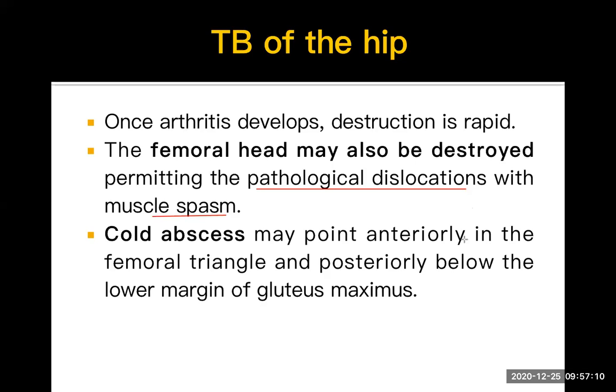That's why we use the term pathological dislocation. Cold abscess is an important presentation here. This cold abscess is a collection of caseous necrotic material. It may point anteriorly in the femoral triangle and posteriorly below the lower margin of gluteus maximus.